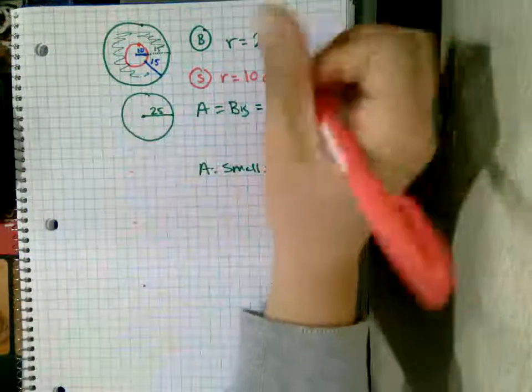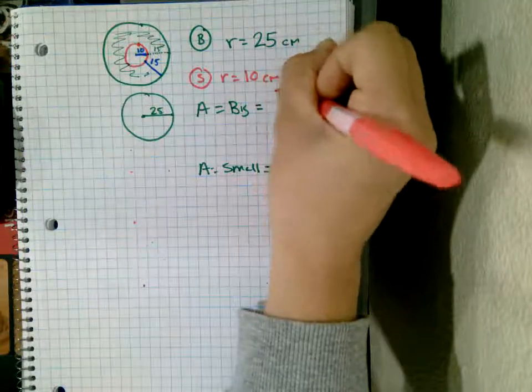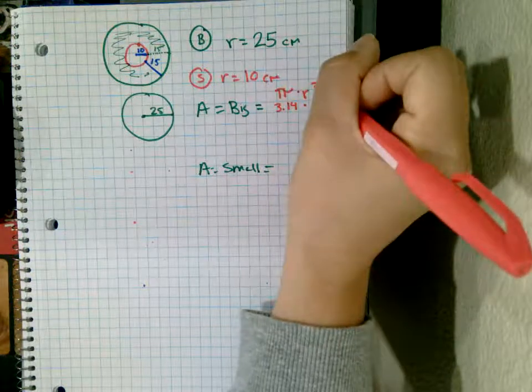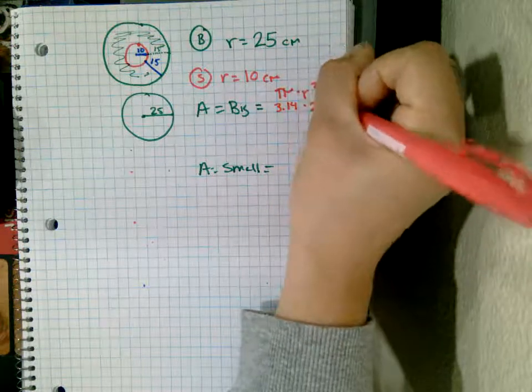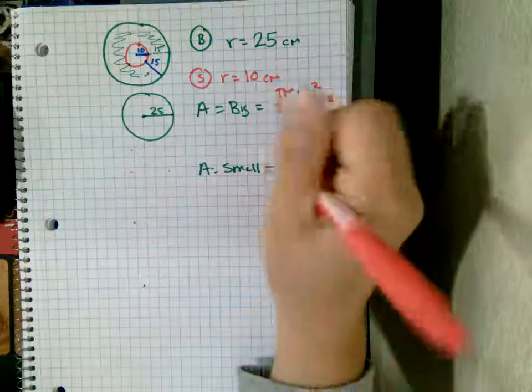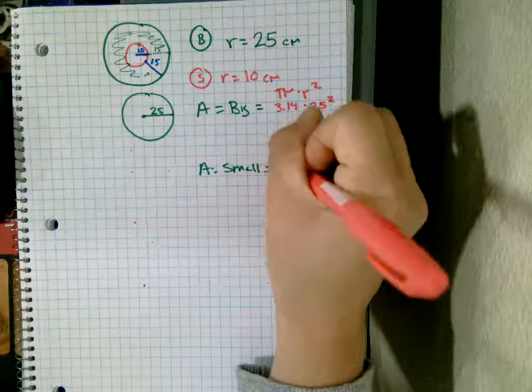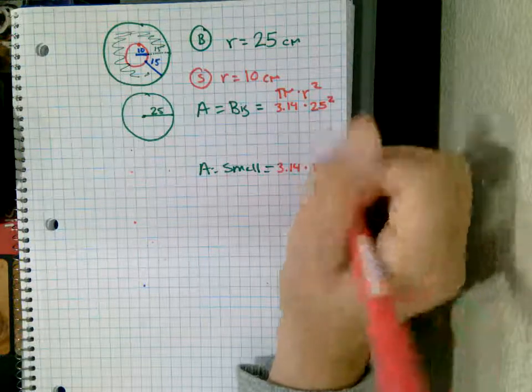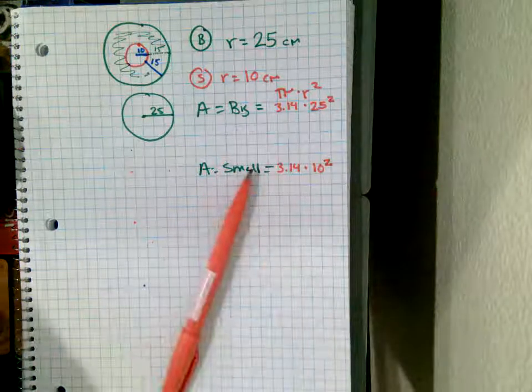Area of the big circle is, again, pi times r squared, so 3.14 times my radius of 25 squared. And then my small circle is 3.14 times 10 squared. All right, so do those with the calculator.